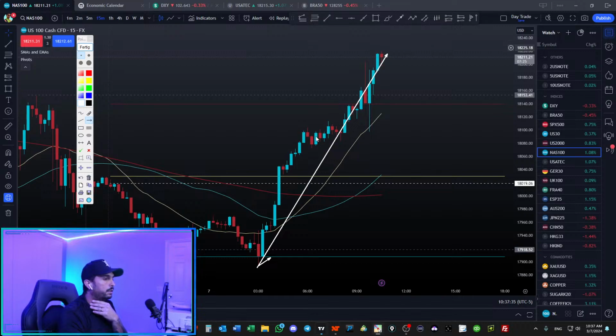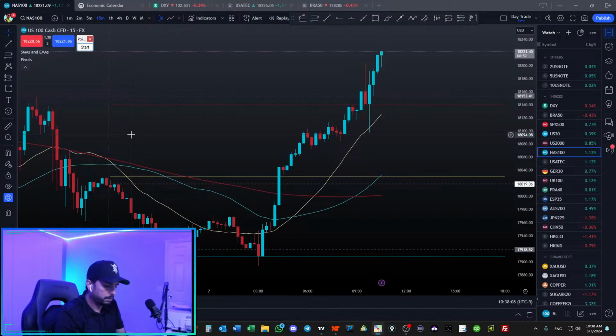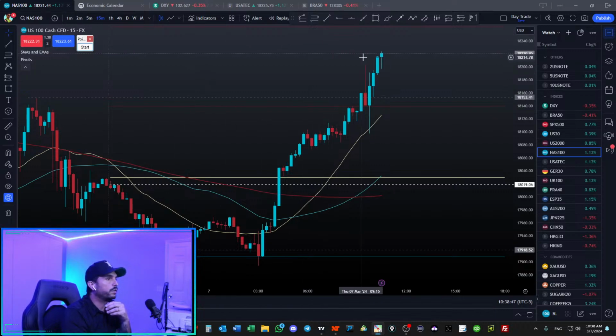One small pullback here between 6 and 9 o'clock, and then it ripped more. The market's still looking like it wants to go up.